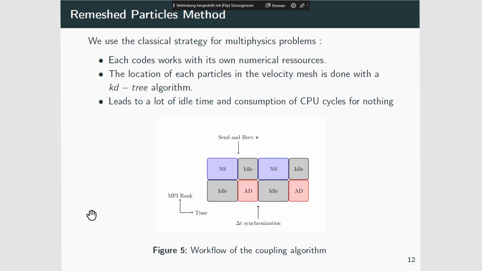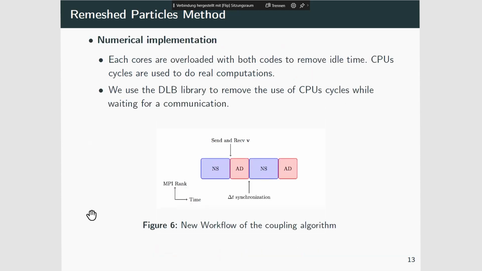So this problem leads to worse computational time.